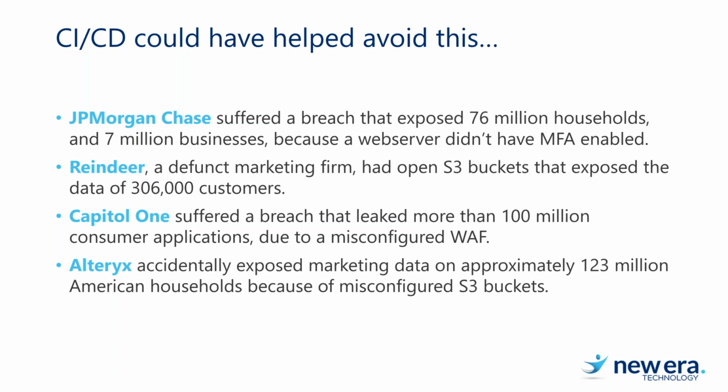Capital One had suffered a breach that leaked more than 100 million consumer applications, primarily due to a misconfigured web application firewall. And what's really interesting about this case is that it wasn't the web application firewall itself that was the cause of the breach, but the infrastructure that the WAF rides on.